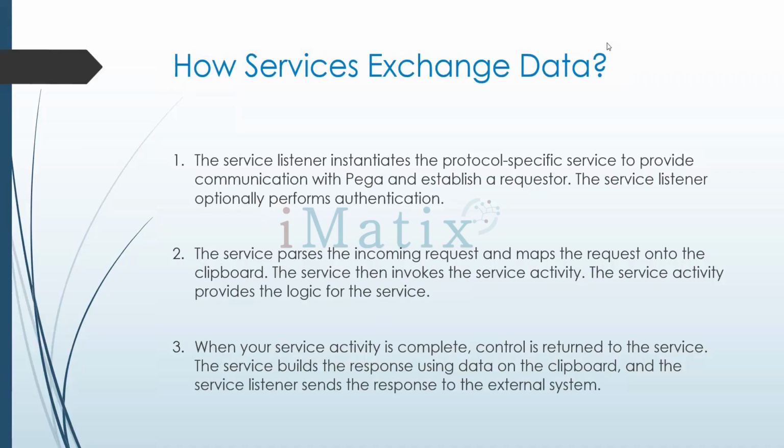What is required is the unique identifier for that customer. It could be a customer ID or something. The customer ID is received. That customer ID is mapped onto your application's clipboard. It is taken from the request and it is mapped onto your clipboard.